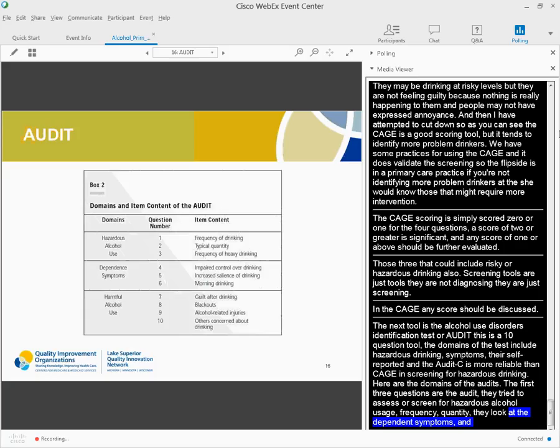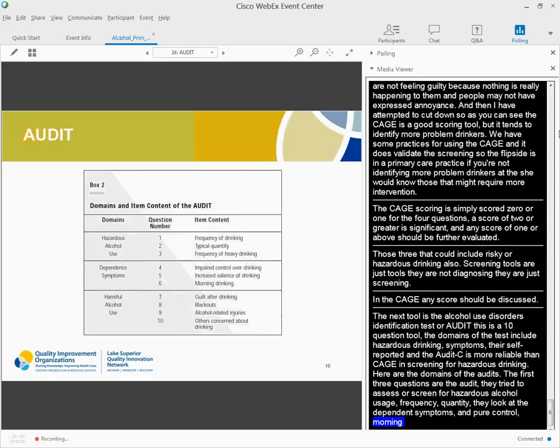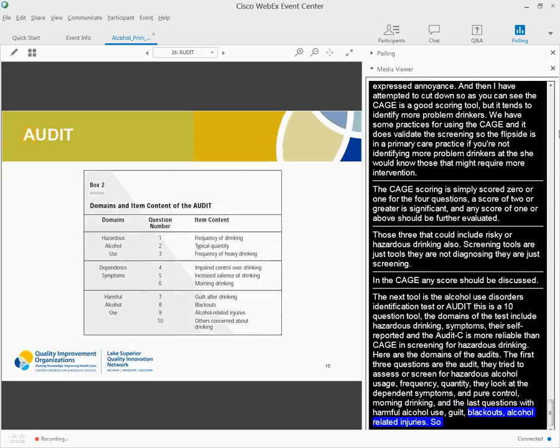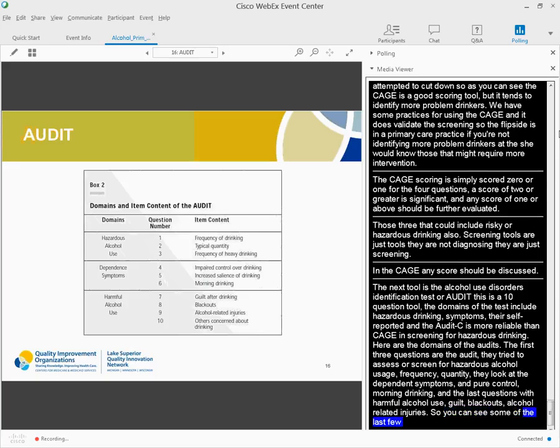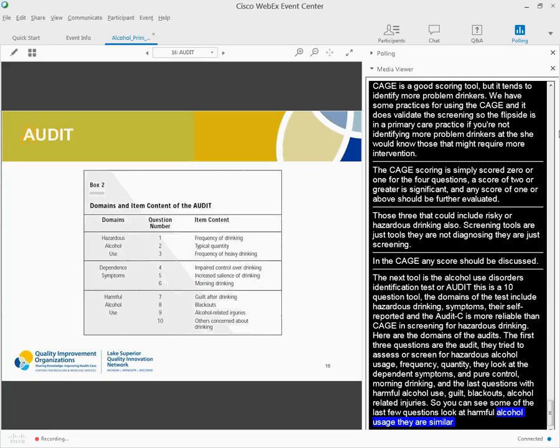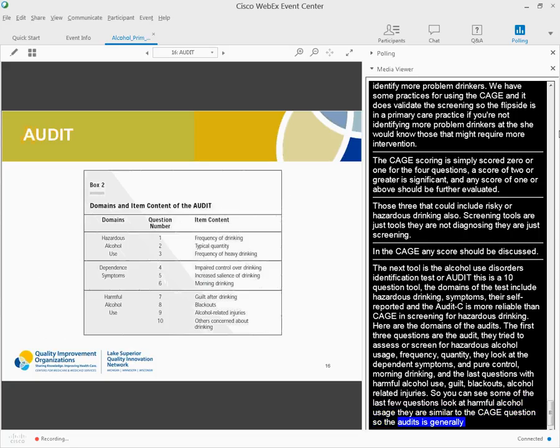And the last 4 questions look at harmful alcohol use, guilt, blackouts, alcohol-related injuries, others concerned about drinking. So some of the last 4 questions that really look at harmful alcohol use are similar to the CAGE questions. So the AUDIT is generally a better tool for sussing out less risky drinkers.